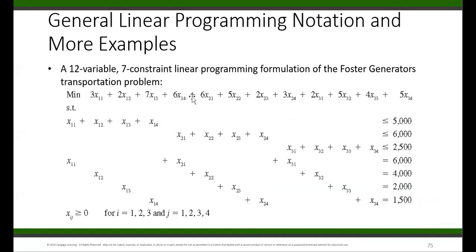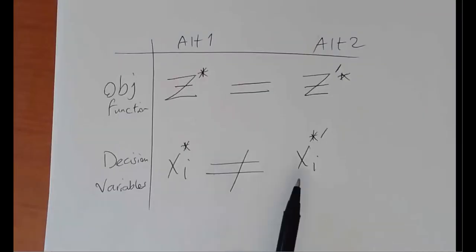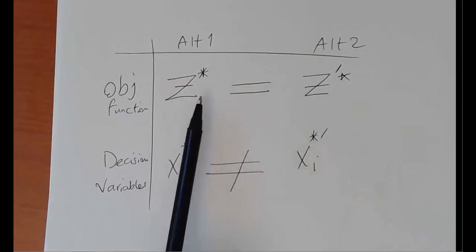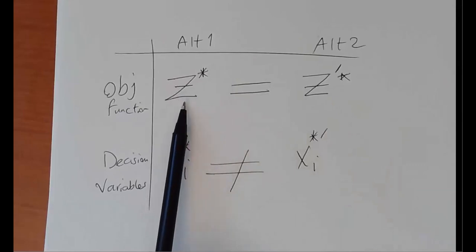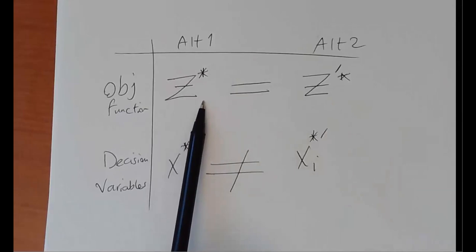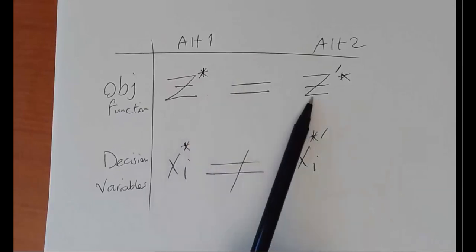We just make this fixed, equal to the optimum level of cost. Then for our new objective function, we need to somehow force the decision variables to take different values. So we add the formula for the objective function, equal to the optimal value that we found, as a constraint.